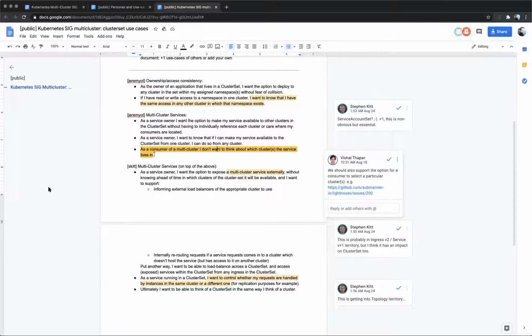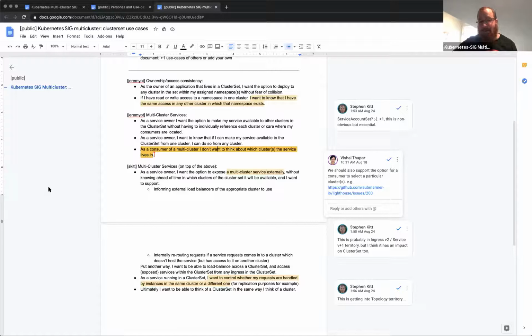Yeah, because it's not equivalent, really. Right, and so there's nothing to stop other mechanisms being put in place to provide more specific connectivity, but perhaps not multi-cluster.